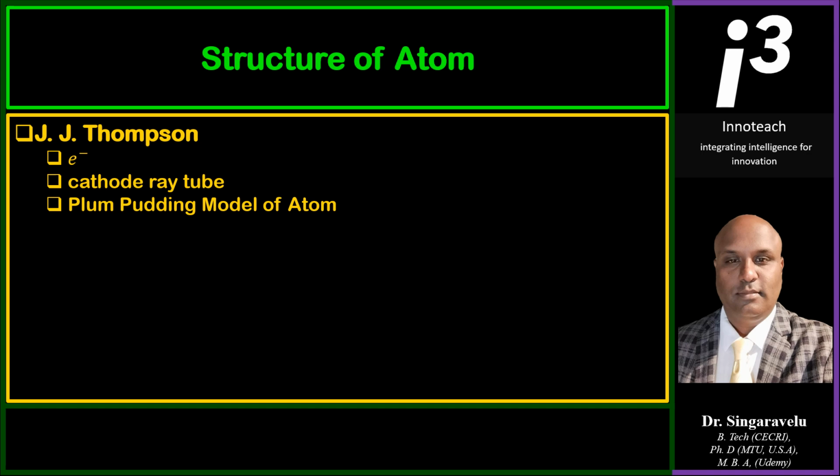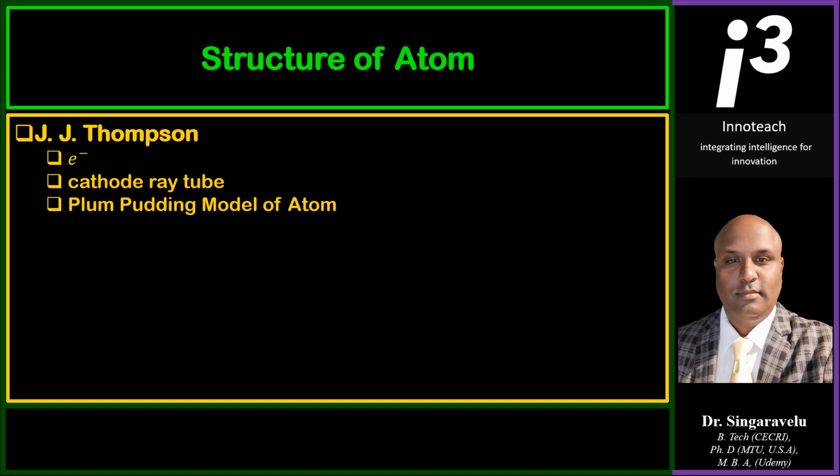In that sense, it was clear that the charge of these rays emanating from the cathode was indeed negative, as they get deflected by the positive polarity of the electric field applied perpendicular to the direction of the cathode ray beam traveled.